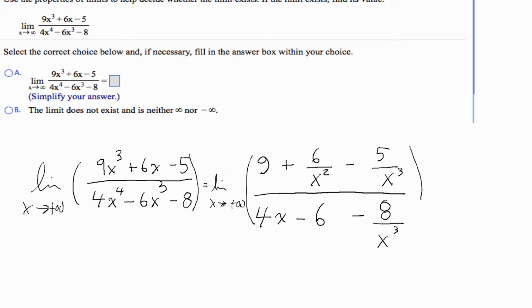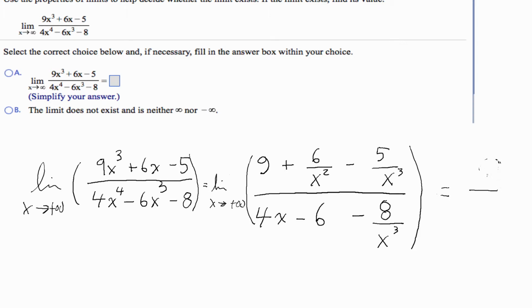Let's see what happens. Look at the numerator. The numerator is getting close to 0? I'm sorry, we have 9 in the numerator. Haste makes waste. So the numerator is getting close to the number 9.